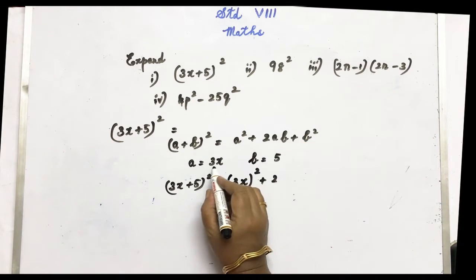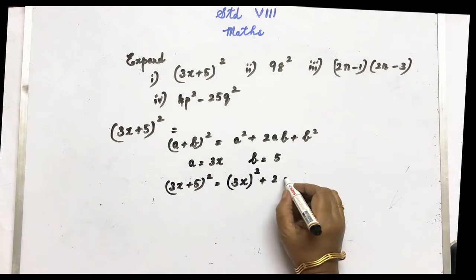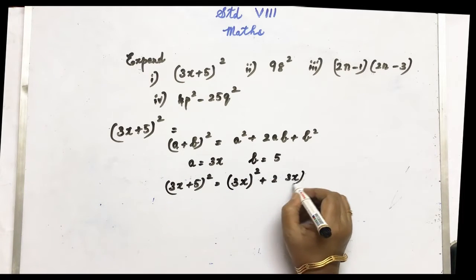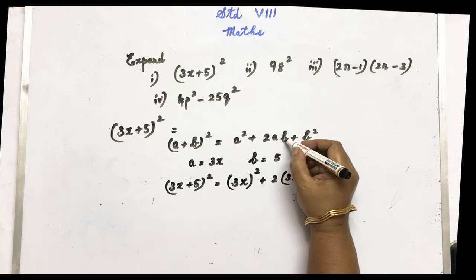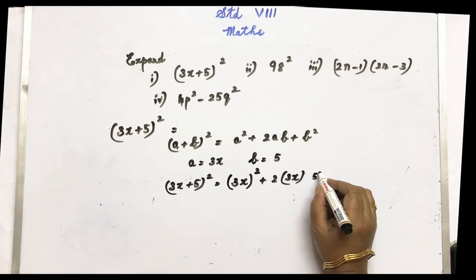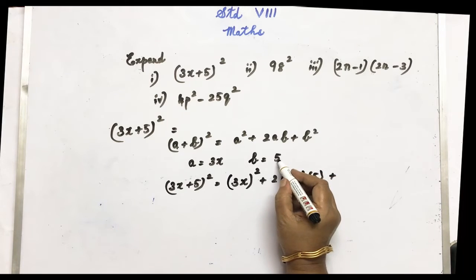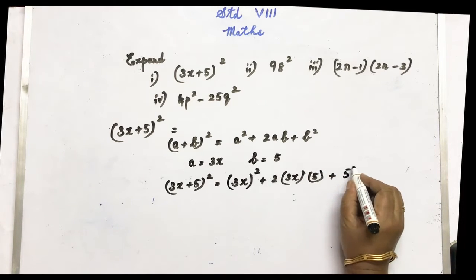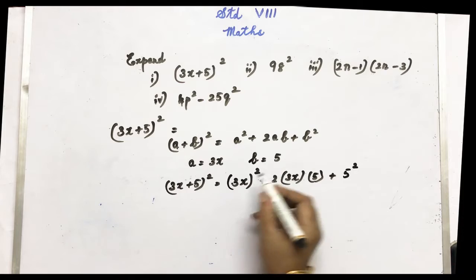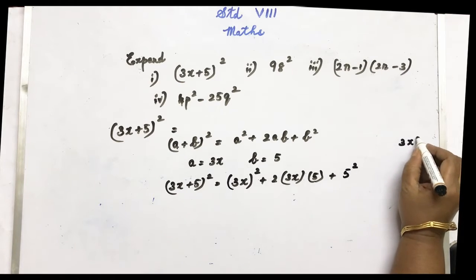In the place of a we have to replace 3x. In the place of b we should write 5, plus b squared. In the place of b we should write 5. So 5 squared.